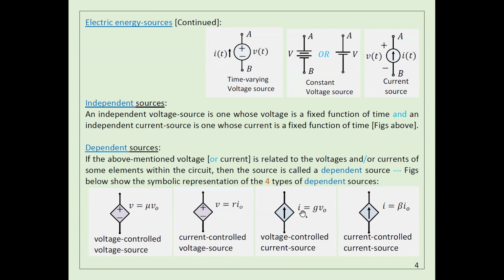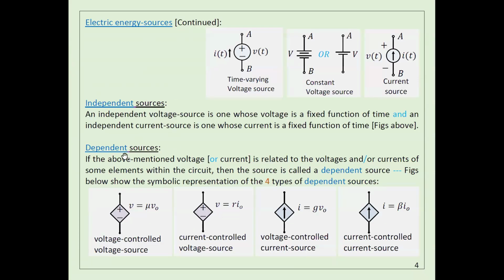This is a current source, but this current source equals G, where G is constant, times V node. V node is actually a voltage in the circuit. That means if you change the voltage, you are going to change the amount of current here. But if you don't change V node, the amount of current here is going to be constant all the time. The voltage across it is going to change because this is a current source.